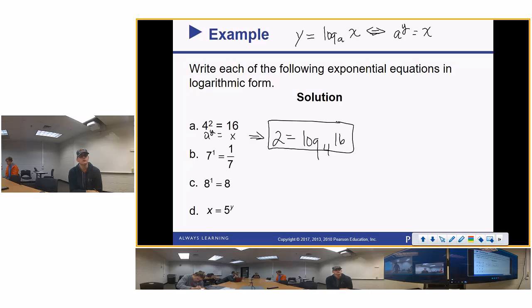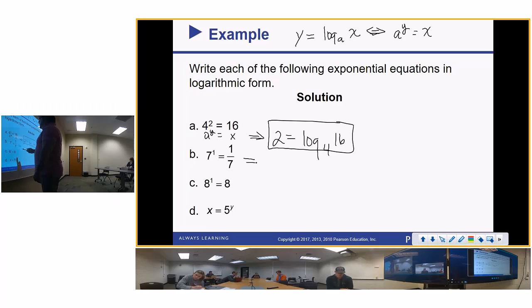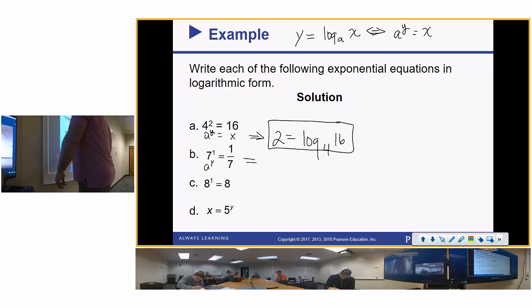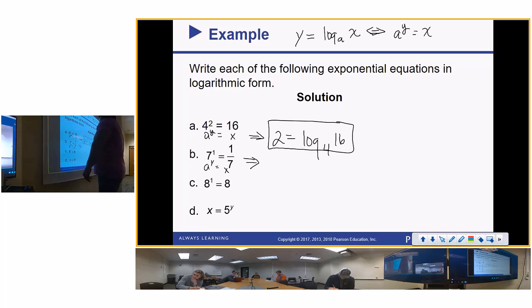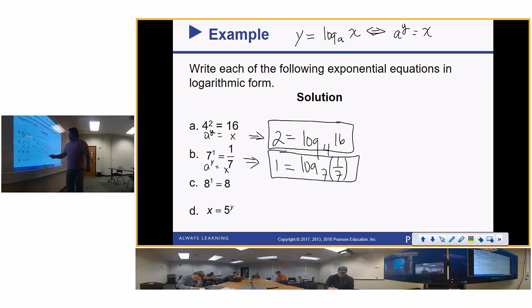Okay, good. All right, so this one, we've got a to the y is equal to x. So that means y is 1, and 1 is equal to log base 7 of what? 1/7. And that is a property: if you have a reciprocal base, see the reciprocal? It's 7 over 1. What's 7 over 1 times 1 over 7? 1. And a log of 1 is 1. So that's a property right there.